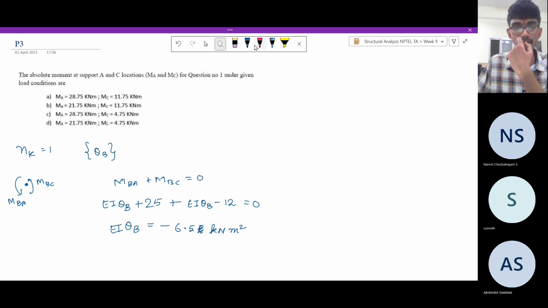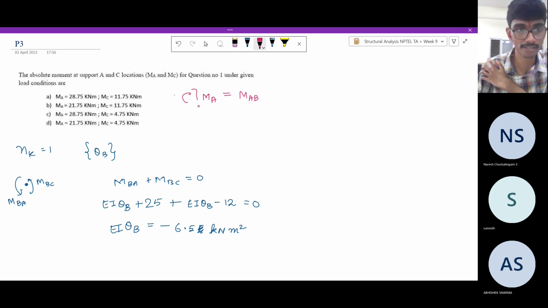So this is again very simple. We already have EI theta B. You remember what MAB was, right? Since there is no other joint connecting at joint A, whatever moment is generated in the beam AB will be equal to the moment at the support. So MA is equal to MAB in the clockwise direction.